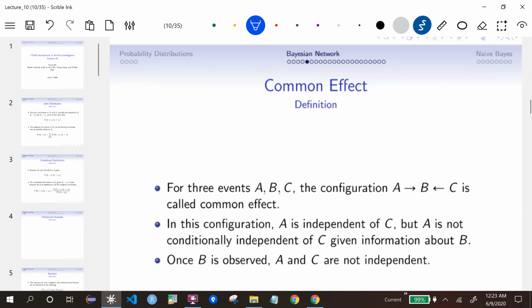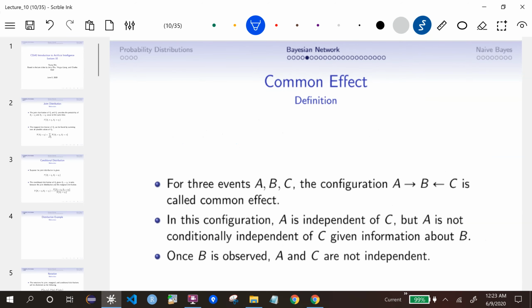Okay, and the last configuration is two things that can cause the same thing. So B here would be alarm, and it may be caused by fire, or maybe your cat triggers the alarm for some reason.